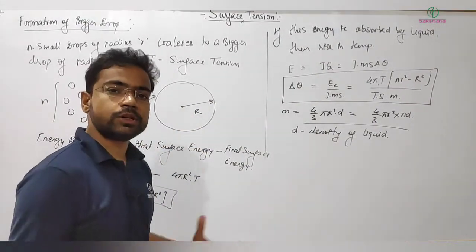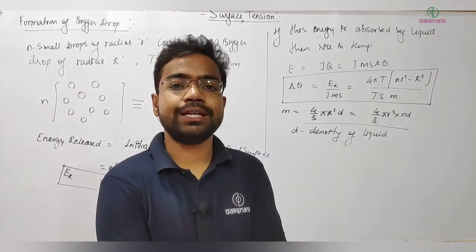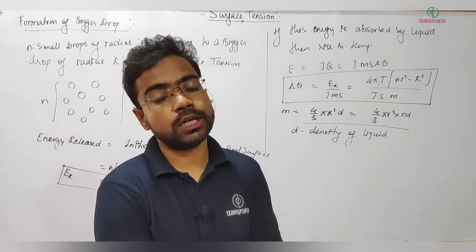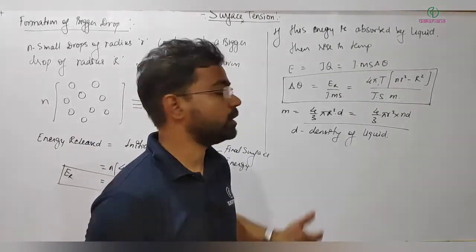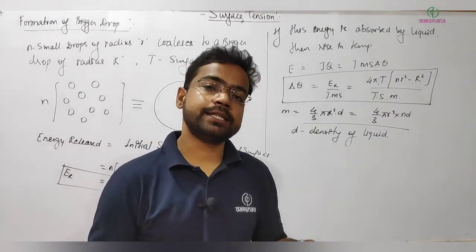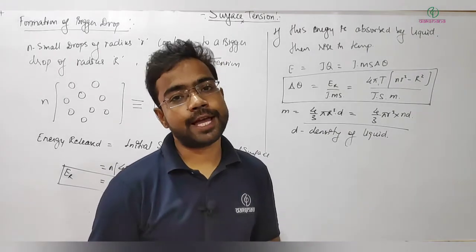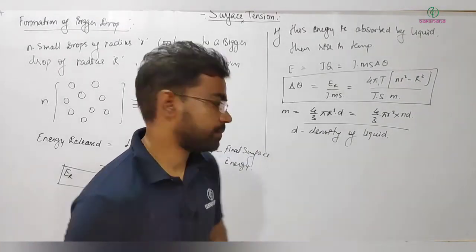Next, sometimes a problem can be asked where no energy is getting lost, and the energy released is also not absorbed by the liquid. Let's say this complete energy released is used by the drop in the form of kinetic energy, then what will be its velocity?